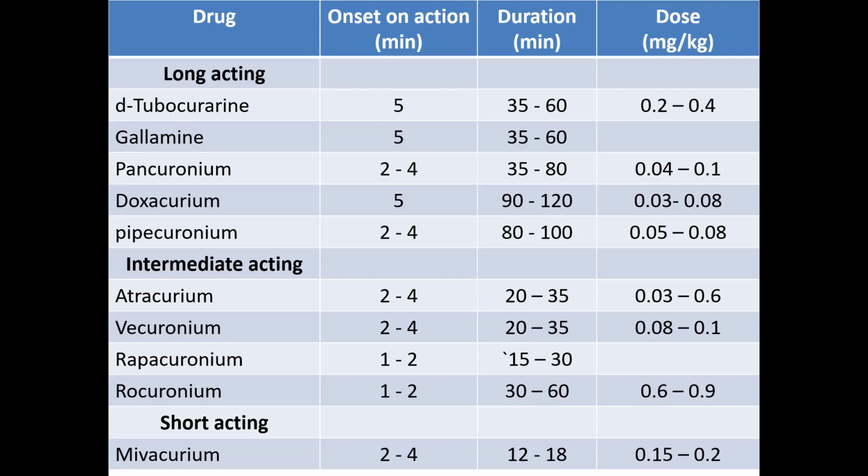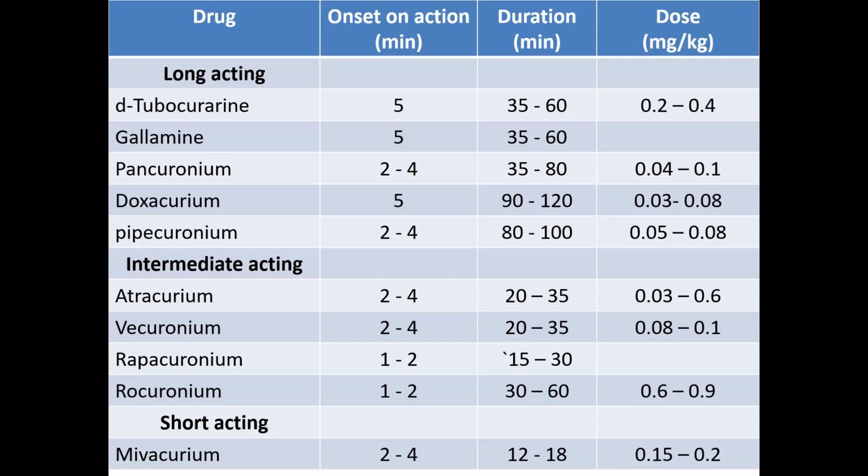Regarding doxacurium, the onset of action is within 5 minutes, the duration of action is 90 to 120 minutes, and the dose is 0.03 to 0.08 milligrams per kg body weight. Regarding pipecuronium, the onset of action is 2 to 4 minutes, the duration of action is 80 to 100 minutes, and the dose is 0.05 to 0.08 milligrams per kg body weight.